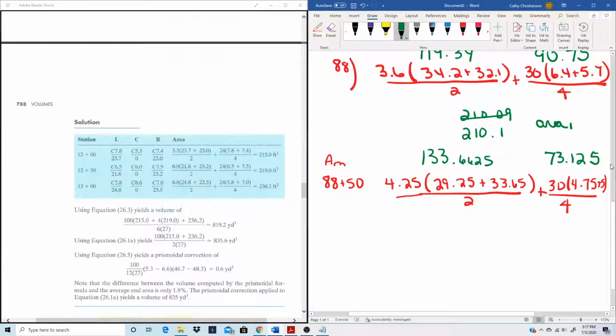Add the 2 together. Okay, so that's my area in the middle.